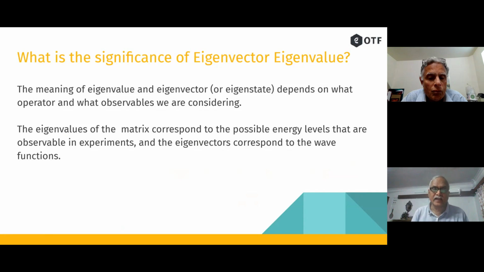Then the eigenvalues of the specific matrix, let's say sigma z, the operator, essentially correspond to the possible energy levels observable in an experiment. Please understand, it does not actually evaluate to the energy level, but it is a possible energy level which is observable in an experiment.